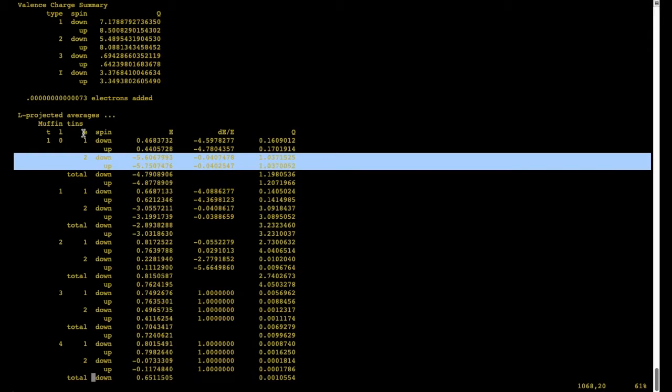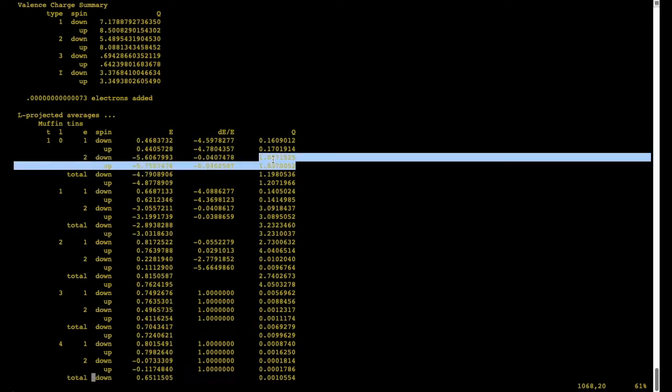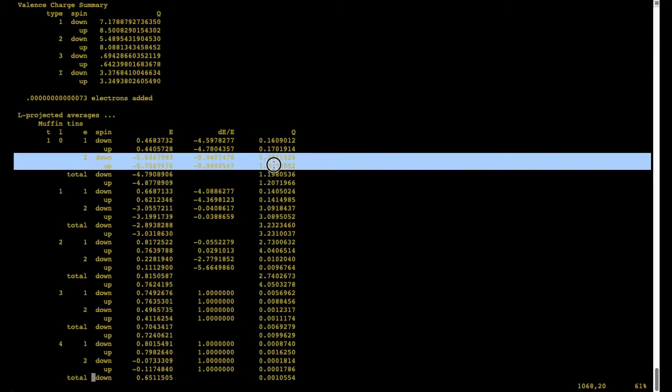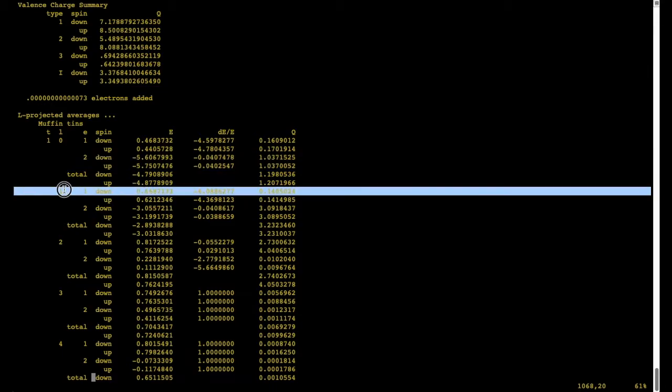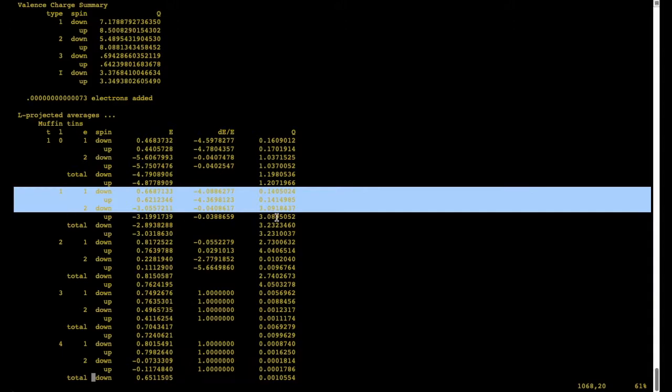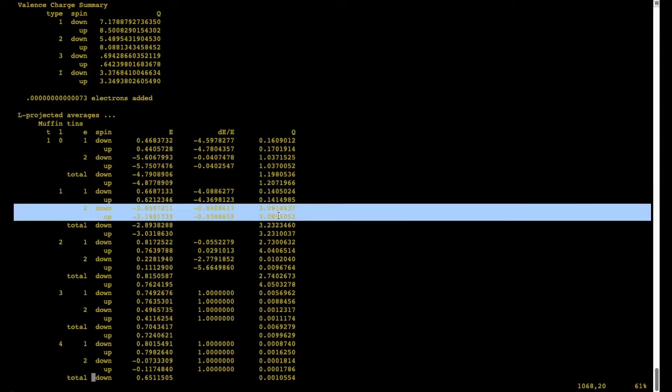So they belong to energy set 2, and indeed there are 2 electrons in the 3s states. They are completely filled because they are lying at very low energies, about 5 Rydberg below the Fermi level. Then we have p states. Again, semicore p states are here. Excellent. There are 6 of them.